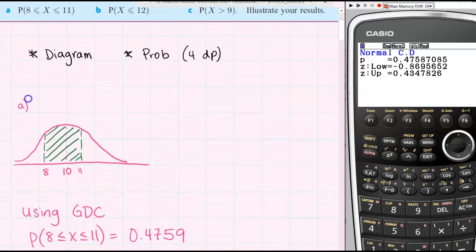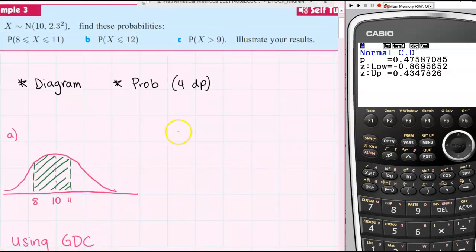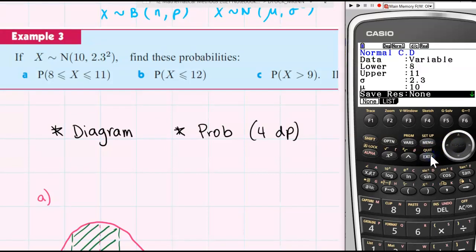Let me show you B because it looks a little bit different. Can you actually sketch a diagram for me for B? Then I'll show you what happens on our calculator. You can have a crack if you want. All right, guys.